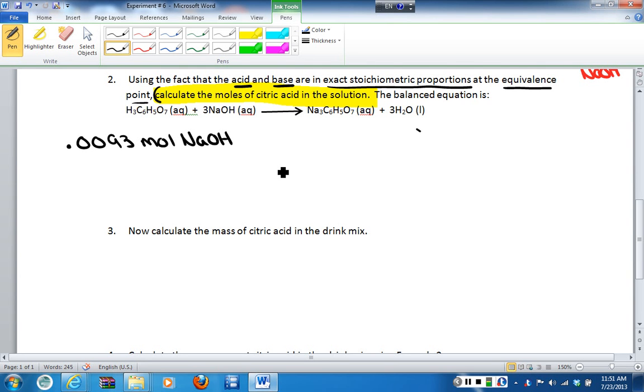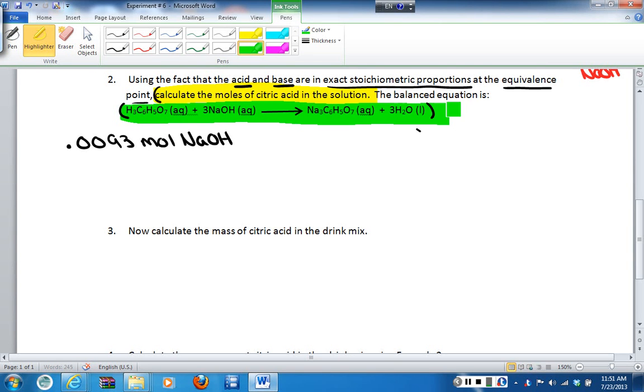We know that if we are talking about moles of one compound, we can use stoichiometry to determine the moles of another compound using our balanced chemical reaction. So we have our balanced chemical reaction here. We can use it to go from moles of NaOH to moles of citric acid.